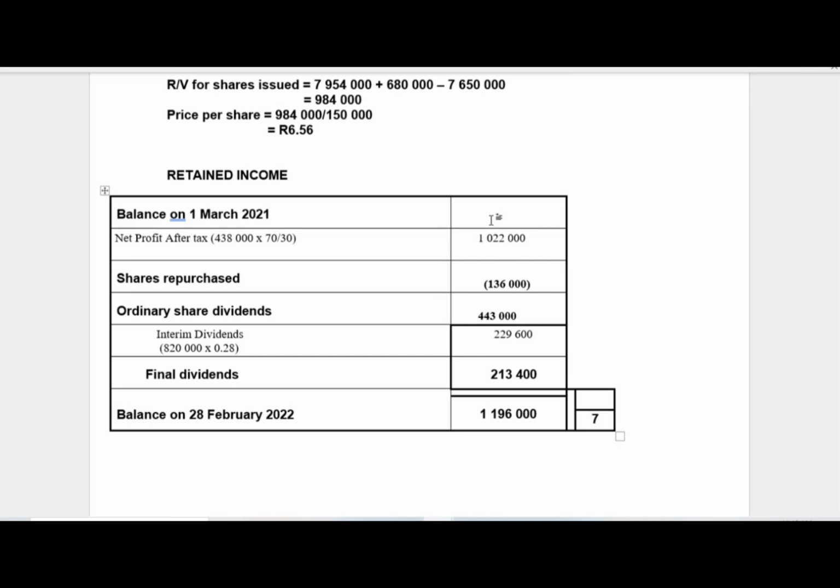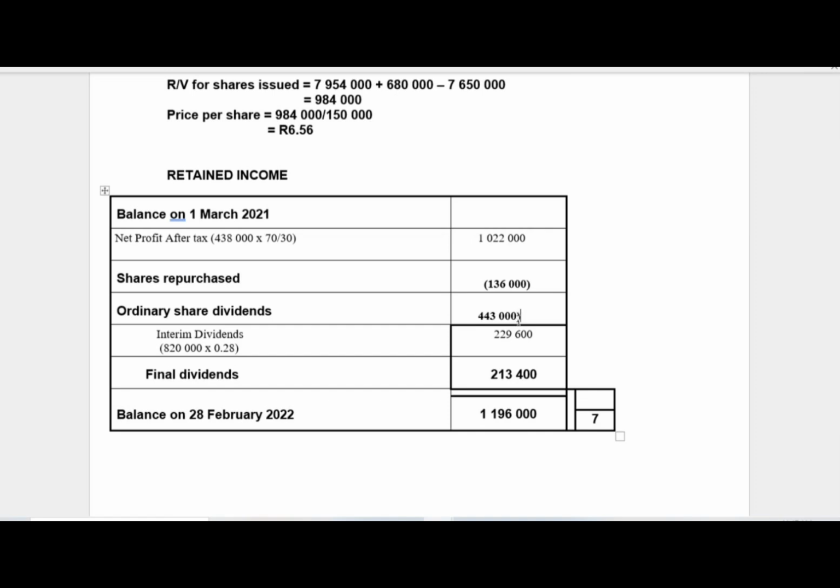Oh, sorry, we have to subtract ordinary dividends, right?